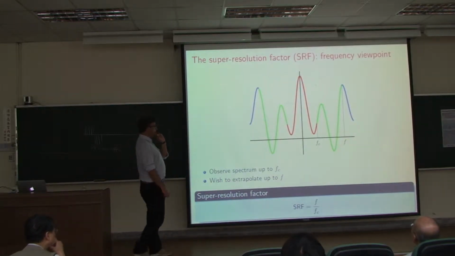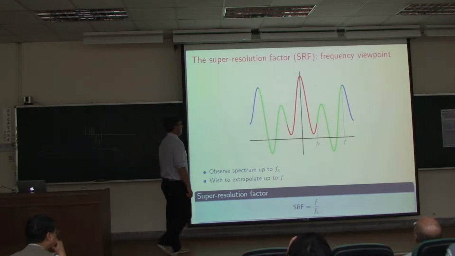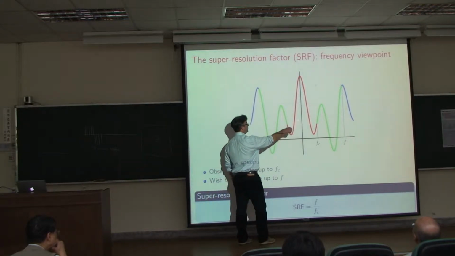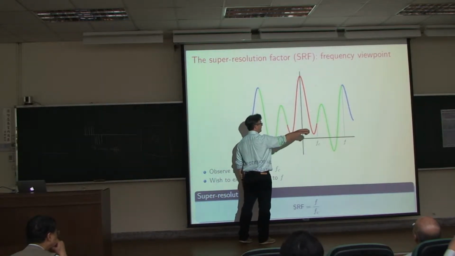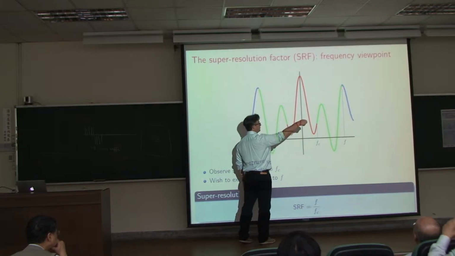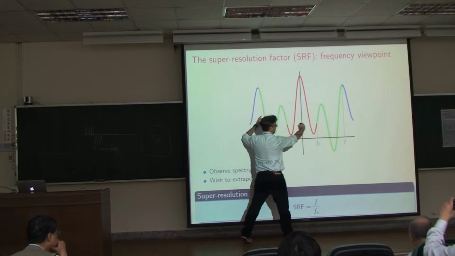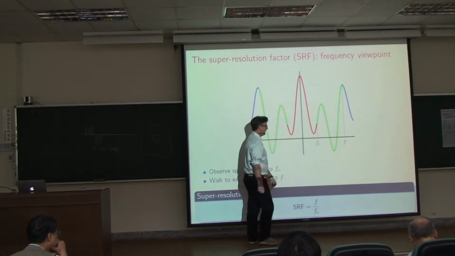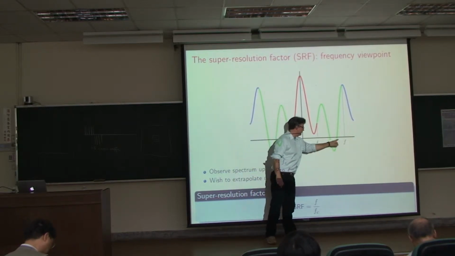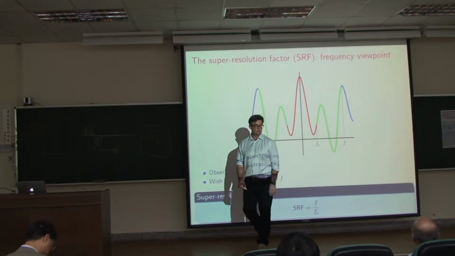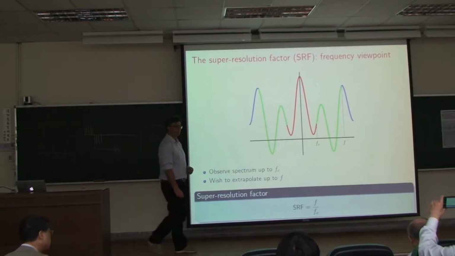Okay, so the same interpretation is here. My telescope only lets me see the world in this narrow band, and I want to extrapolate the spectrum. I want to recover all this green side lobe because I want to extrapolate the spectrum onto here, and this ratio between this and this is the same quantity as what we call the super resolution factor.